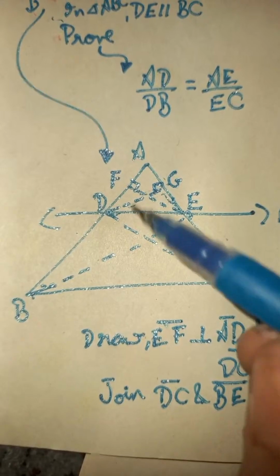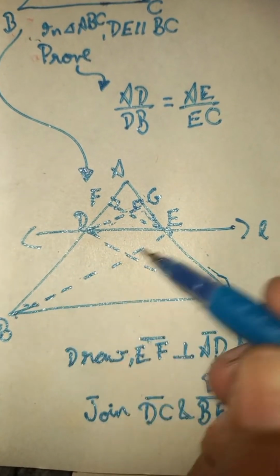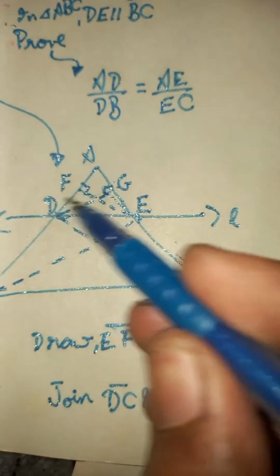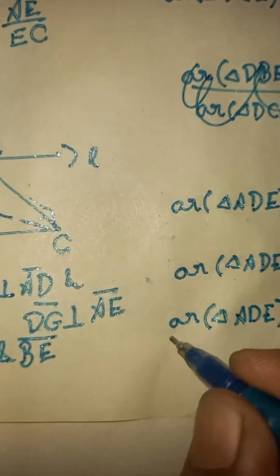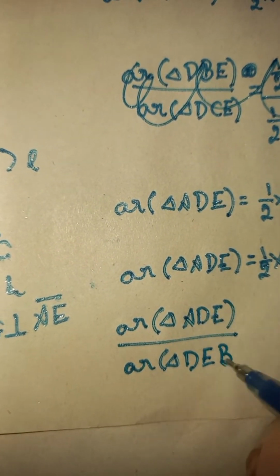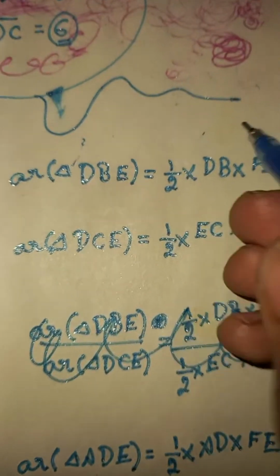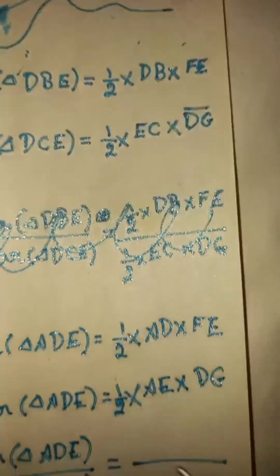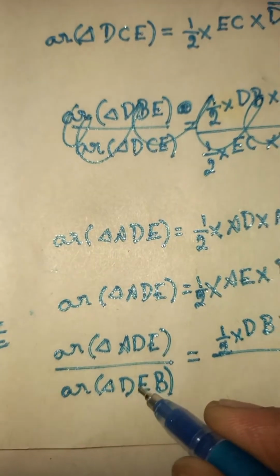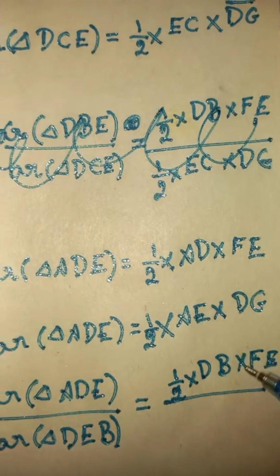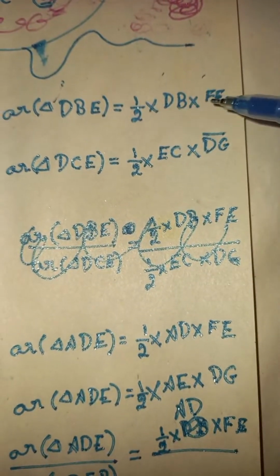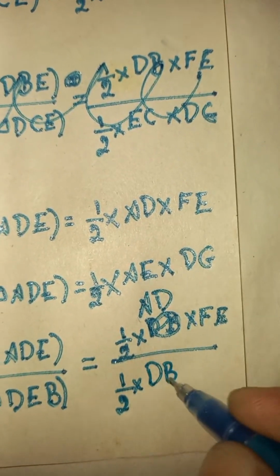Now let's divide these two: triangle ADE divided by triangle DEB. You get half times AD times FE divided by half times DB times FE.